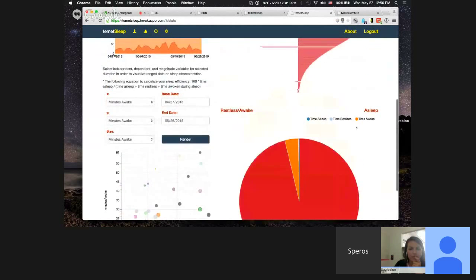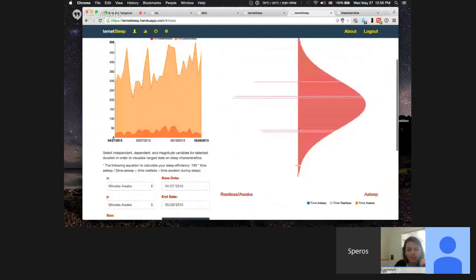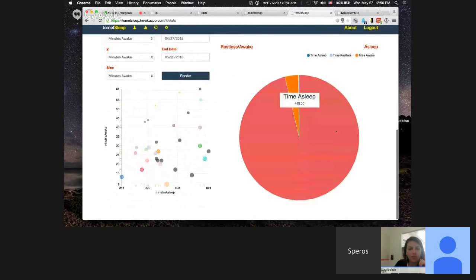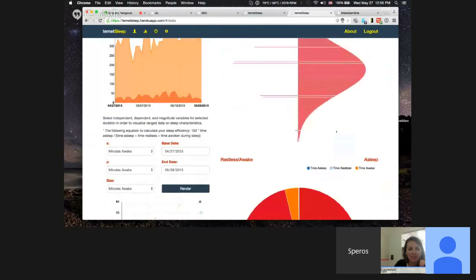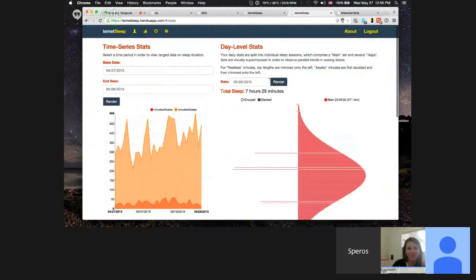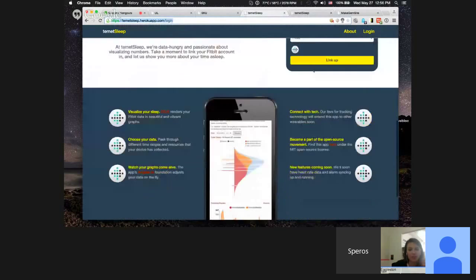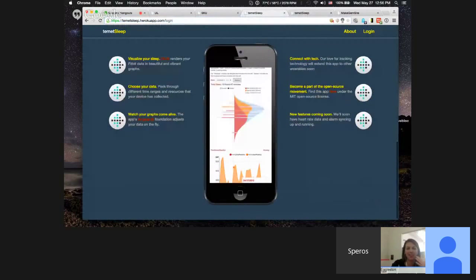It tells you how much time you spent sleeping restfully, or if you were tossing and turning, and so on. He really put a lot of work into this, and it's not the most simple thing in the world to pull all this information from an API. Yeah, absolutely. Very cool.